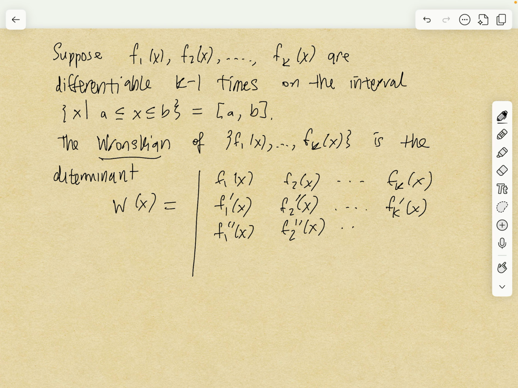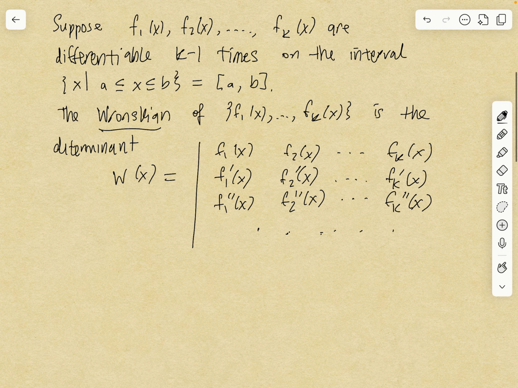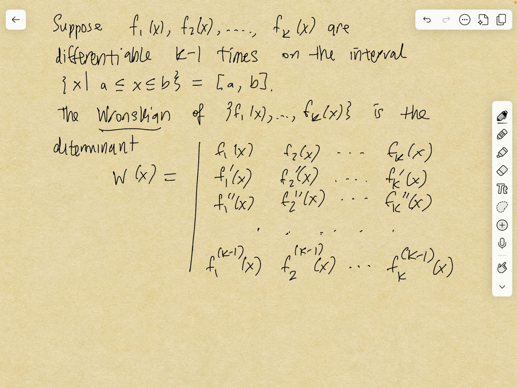You just keep going until you get to the last row, which is the k minus 1th derivative of each function. So f2 and then the k minus 1th derivative of that, all the way to the k minus 1th derivative of f sub k. And so this is a k by k matrix that you're calculating the determinant of.